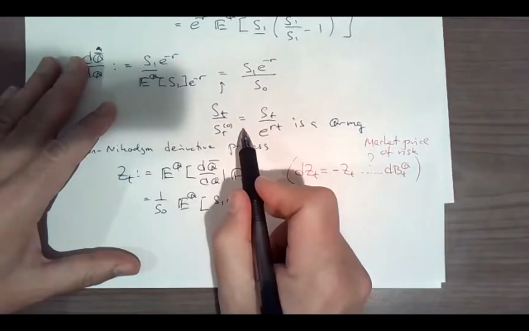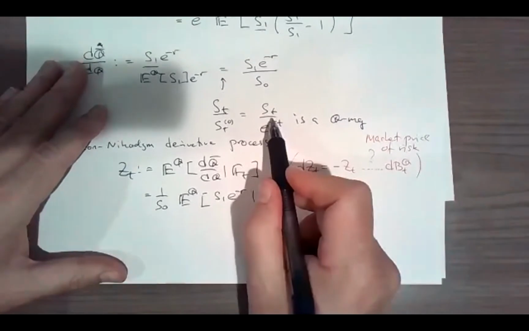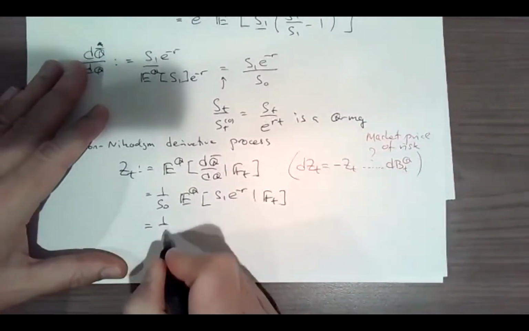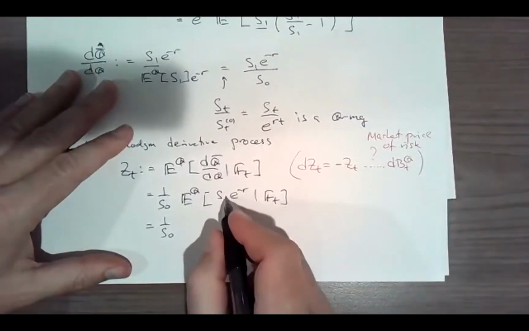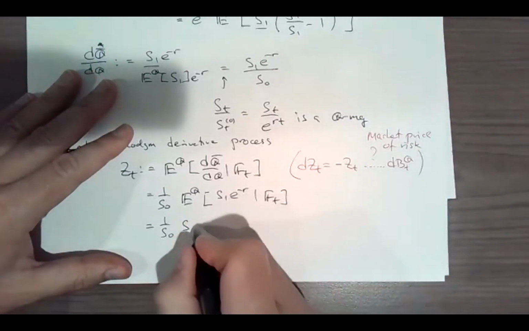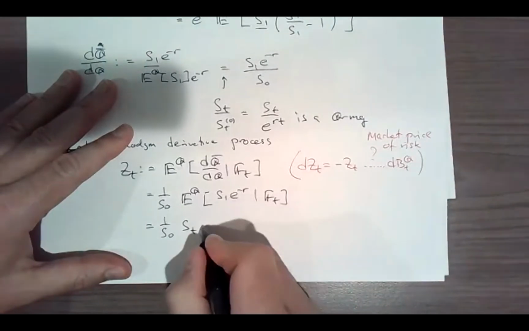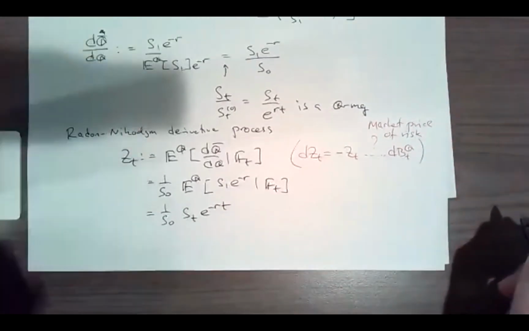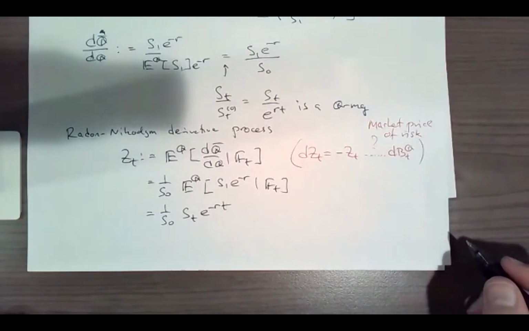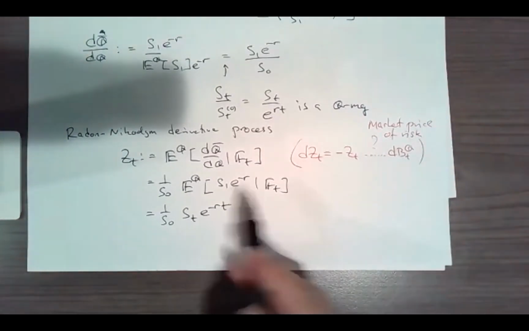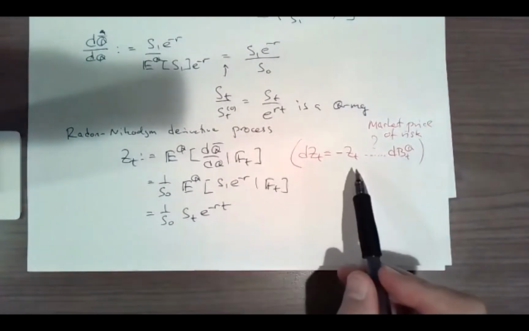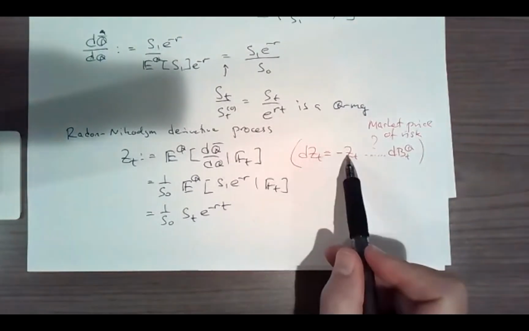And then we use again that we have the martingale property. It's 1 over S naught, and then St and then e to the minus Rt.